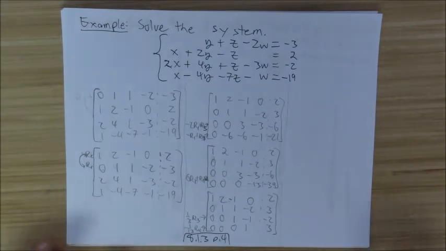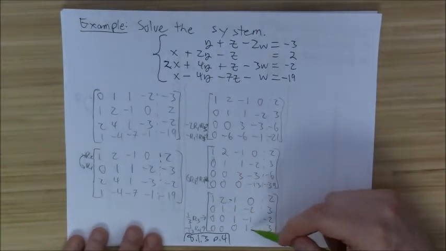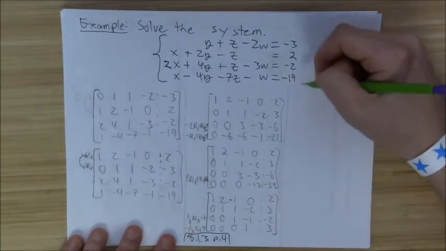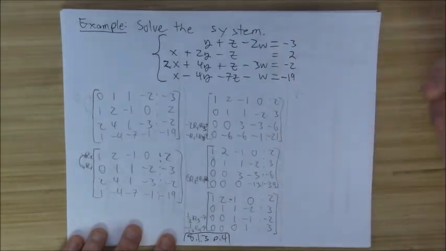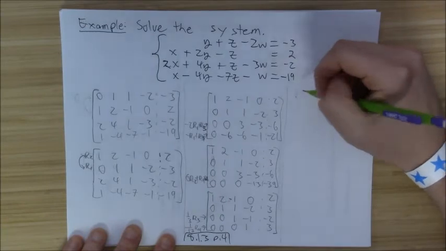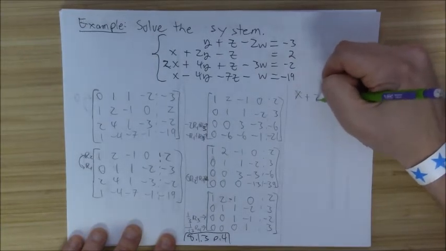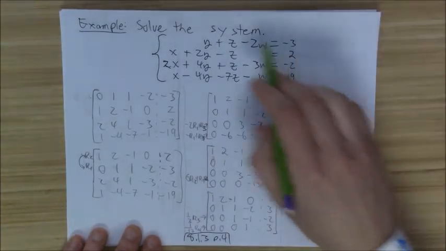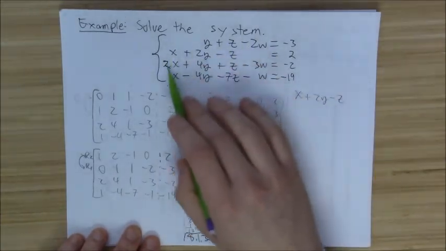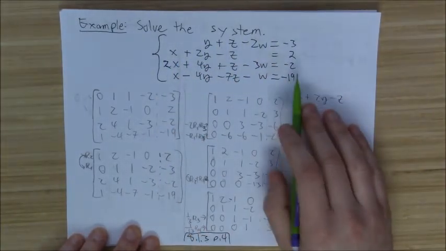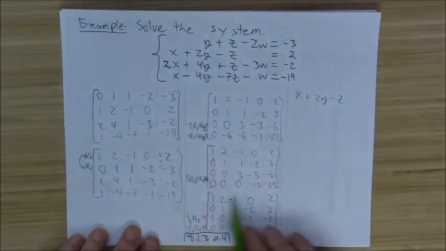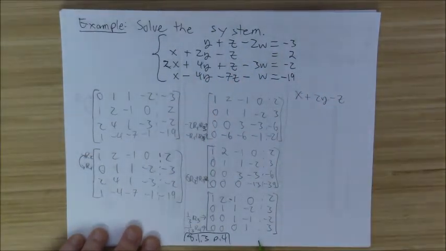And now what do I have? Well, if I write this out, what I have here using the first equation is that W equals 3. So if I was to actually write out the system, what I have now is x plus 2y minus z. So what I did is I did my Gaussian elimination on all of this, but instead of manipulating the equations, I just manipulated the rows using row operations.